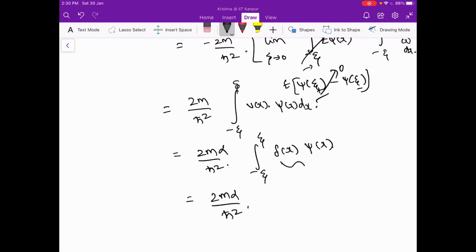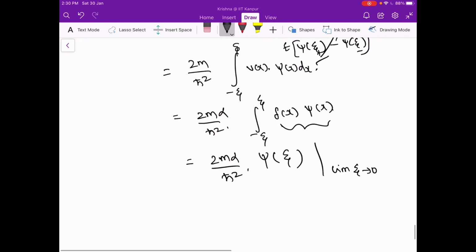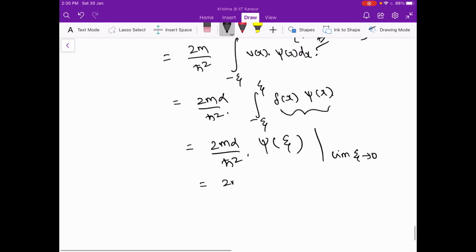Basically this product, as we saw previously, is psi of this, and we are looking at the limit tending to 0, so this will turn out to be 2m alpha by h bar square psi of 0.